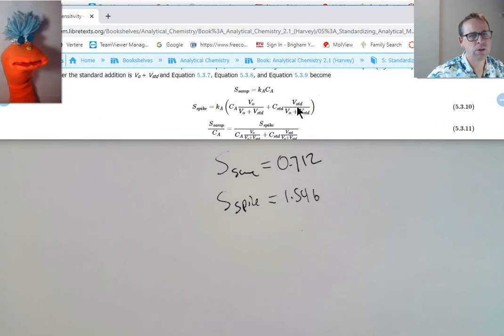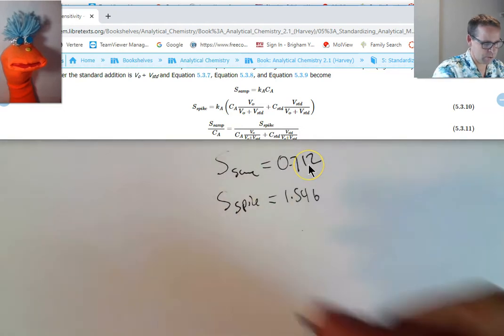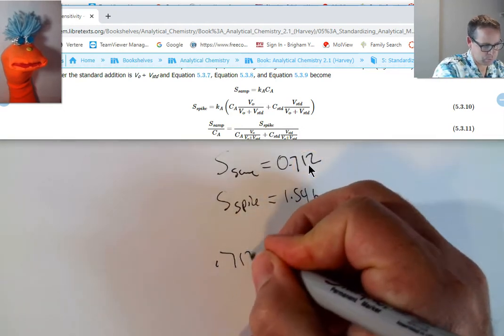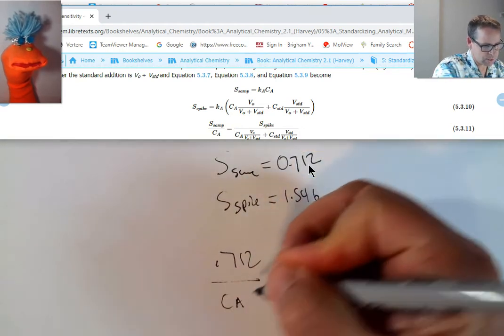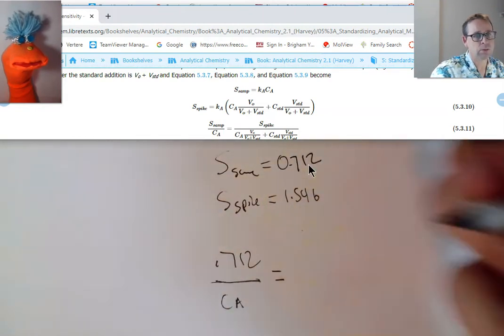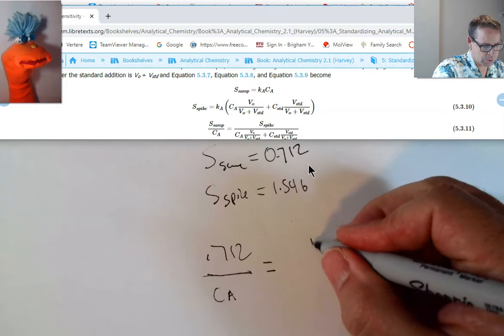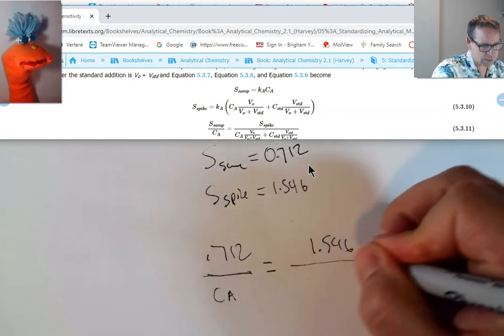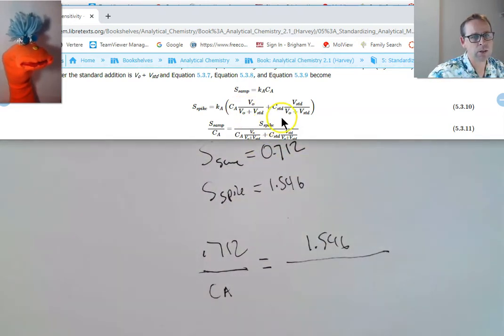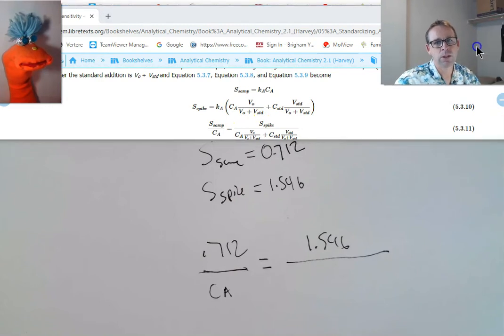All right, so let's look at our ratio here. S sample, 0.712, over the concentration of the analyte. That's what we don't know, right? S spike is 1.546.